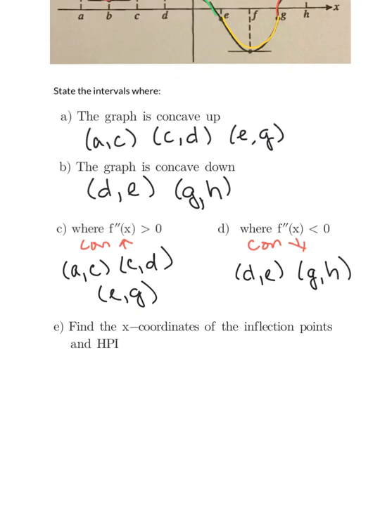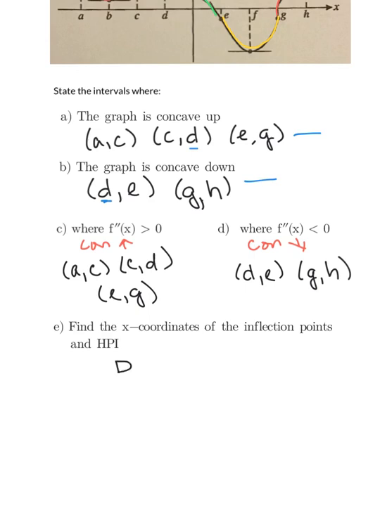Question E asks us to find the x-coordinates of the inflection points and HPI, which stands for horizontal points of inflection. Inflection points, remember, are where you changed concavity. So if we look here, going back up to our first two sets of answers, what letters did we change concavity? Well, if you look at letter D, we were concave up, and then we started going concave down.